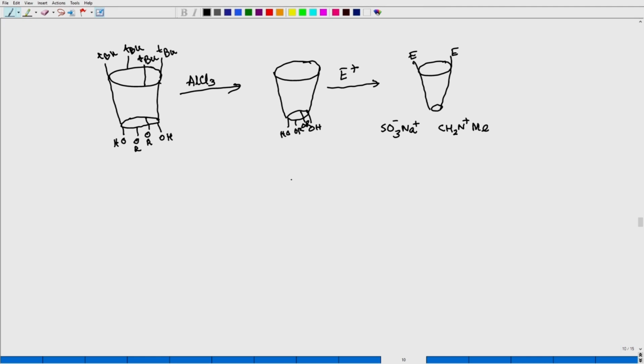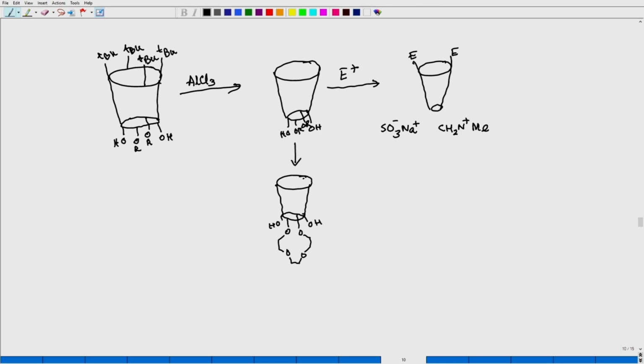For example, I can make a crown ether added.